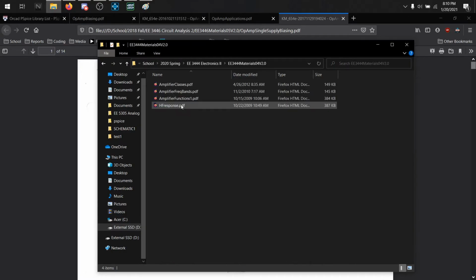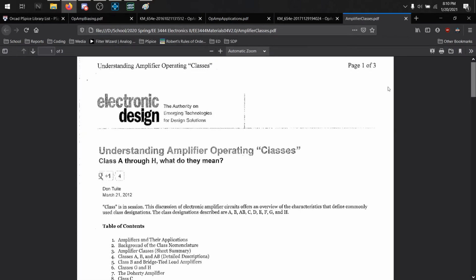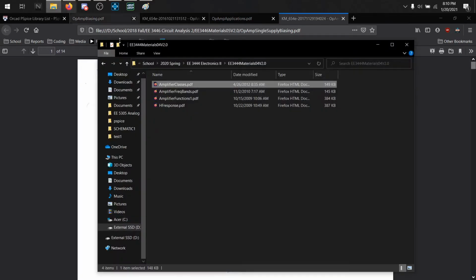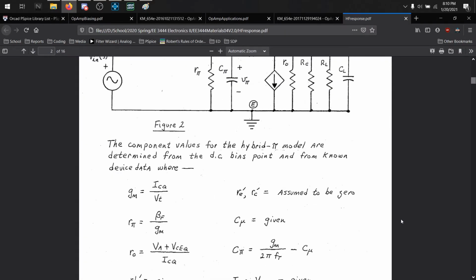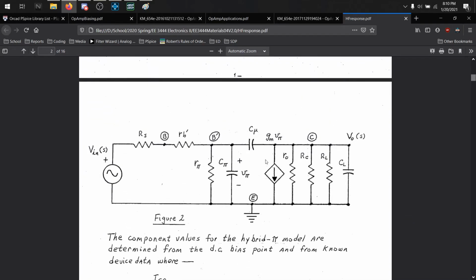No clue. It should be in the high frequency response or whatever. So that. Yeah, you know the Miller model, right?